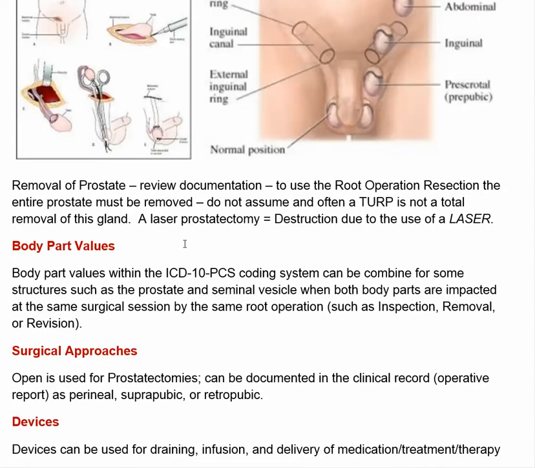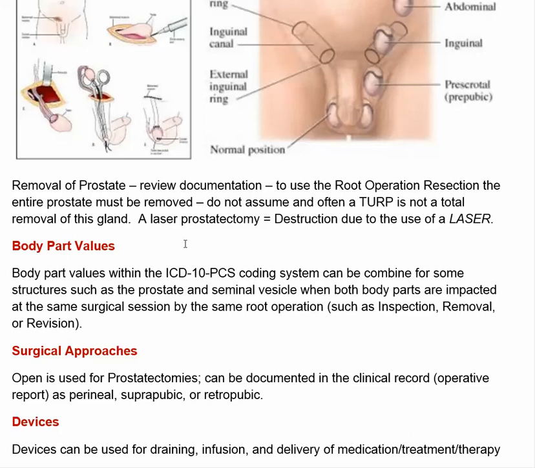The other common root operation that you may see related to this area of the male anatomy is the removal of a prostate gland. The notation that you need to make in your mind and in your textbook and your coding manual, you might want to jot it down because you can make some minor notes in your coding manual for the purposes of taking a national certification exam, is that when a physician removes the prostate, one of the most common methods of doing that is something called a TURP, a transurethral resection of the prostate.